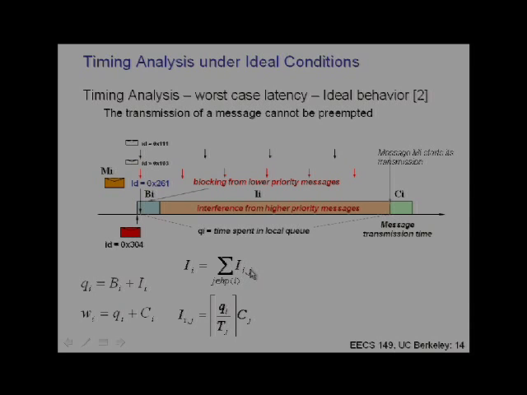So the interference time of I due to j is going to be a function of how long it takes to transmit j, which is multiplied by a certain fraction. So Tj is the period at which you send message j. So you send it every so often.